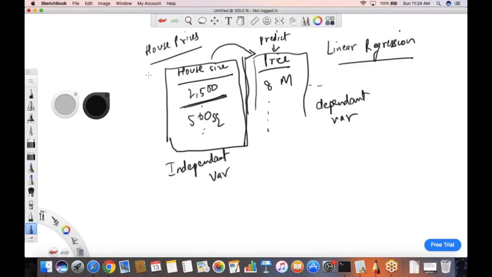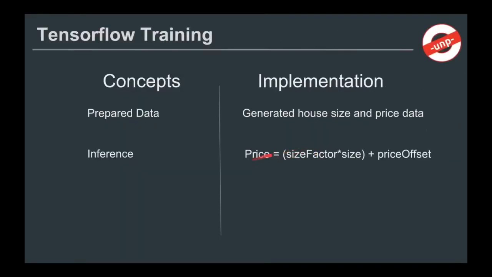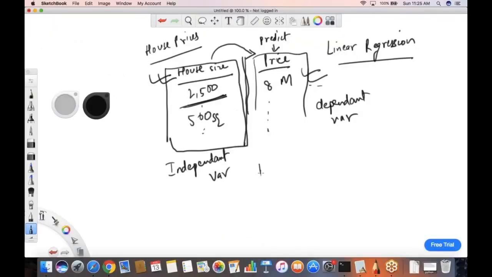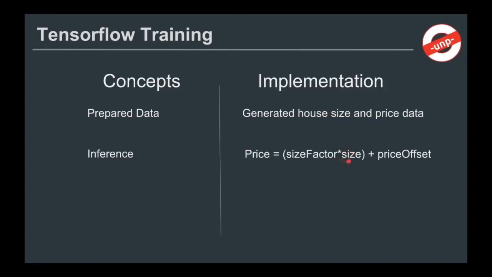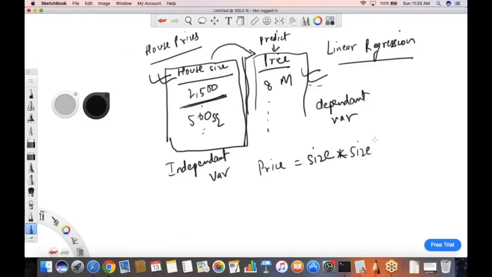So basically, we are going to use the house size to predict house price. How? By the equation that we just saw there. So price equals the house size times size factor plus price offset.